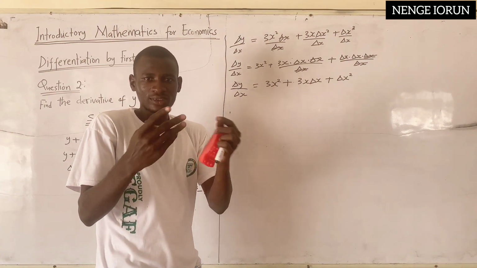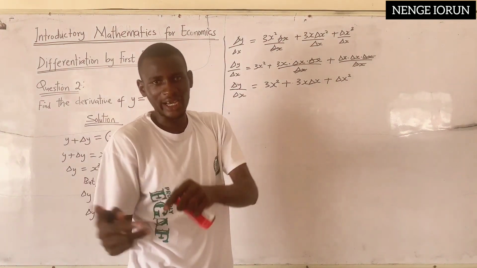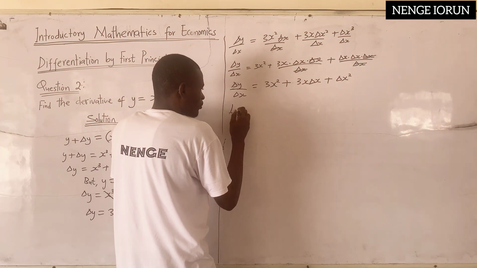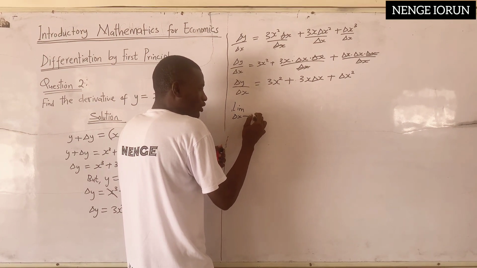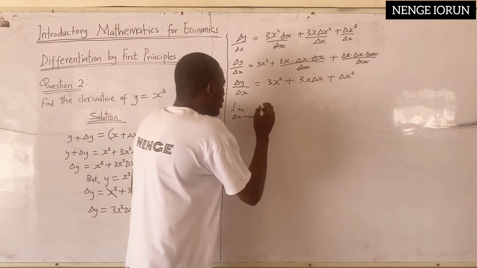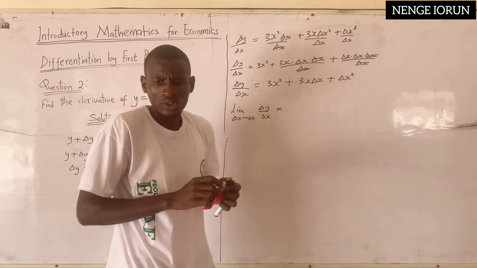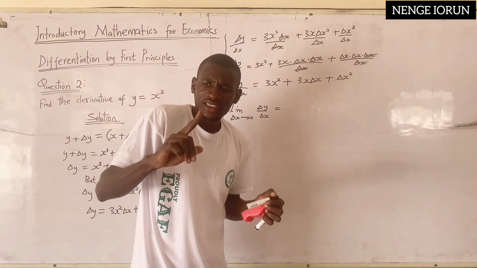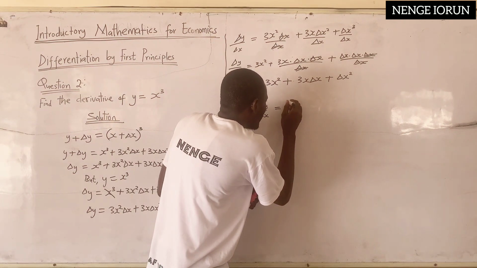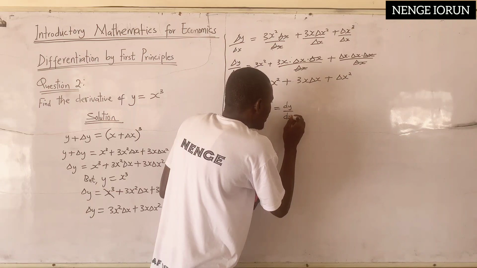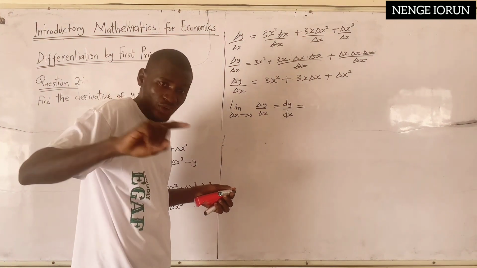We have succeeded in getting delta y over delta x. So now we are going to take the limit, in such a way that you have dy dx. Limit as delta x approaches 0. So delta y over delta x, once you take the limit, becomes dy dx, which is equal to, anywhere you see delta x, you put 0.